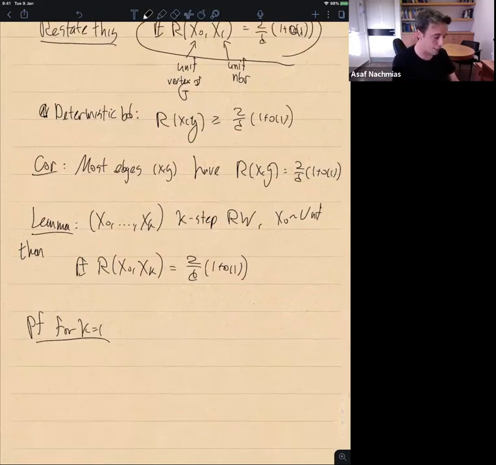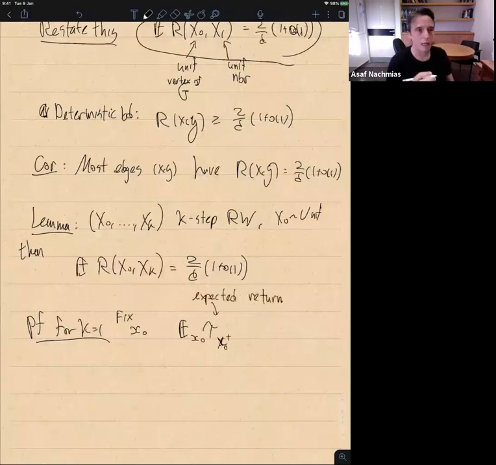So I fix a vertex x0. This is not a random vertex, just a fixed vertex. I'm looking at the expected time for the random walker starting from x0 to return to x0. So this is the expected return time.